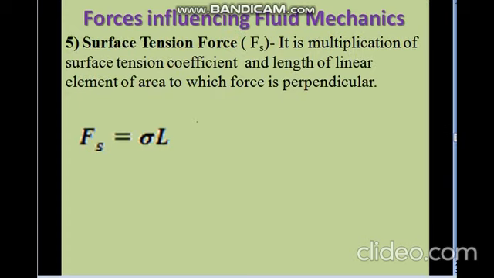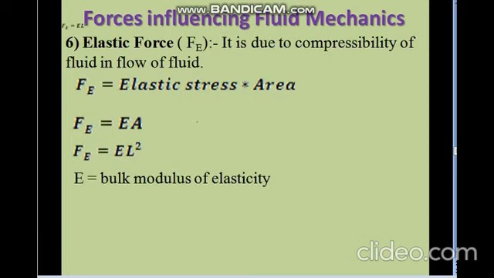Now move to the next force, that is surface tension force. It is because of surface tension. It is a multiplication of the surface tension coefficient and the length of the linear element of the area to which the force is perpendicular. So surface tension force will be sigma, the surface tension coefficient, times the length.